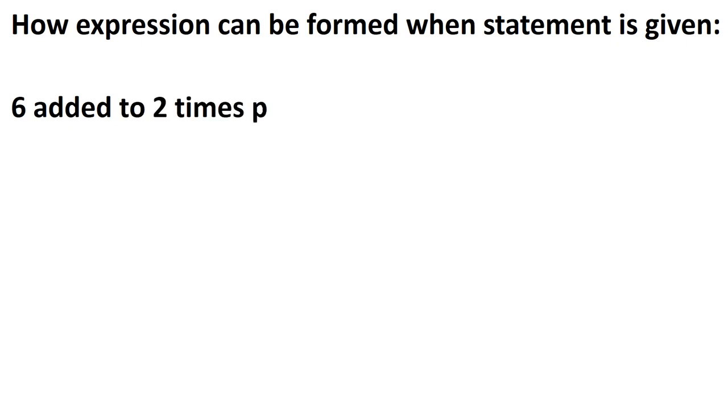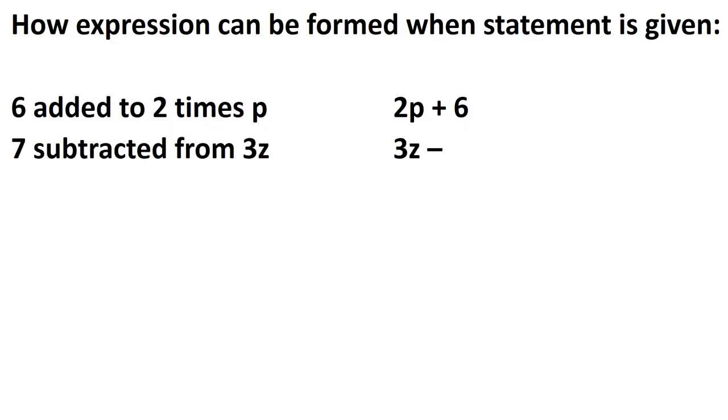Now, see how expressions can be formed when a statement is given. This we have done in lecture number 2. 6 added to 2 times p. How do we write it? 2 times p means 2p and 6 added to it means plus 6. So, 2p plus 6. 7 subtracted from 3z.